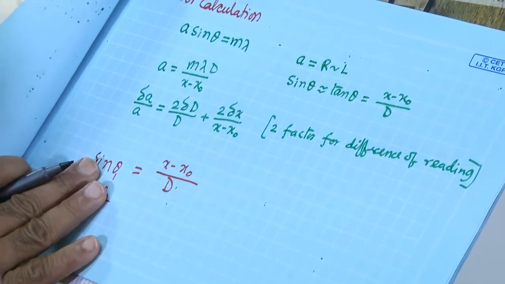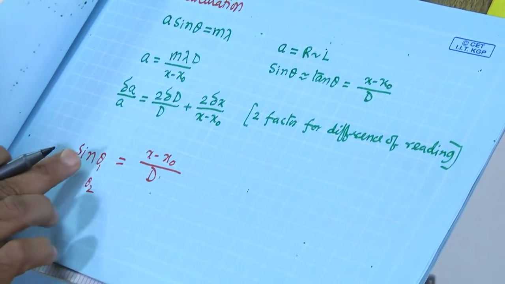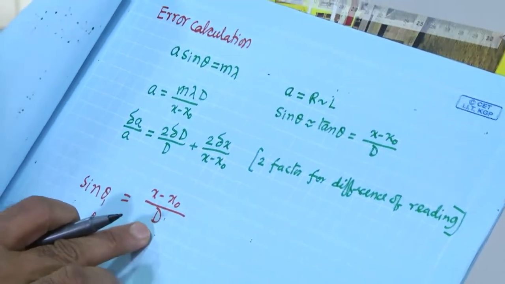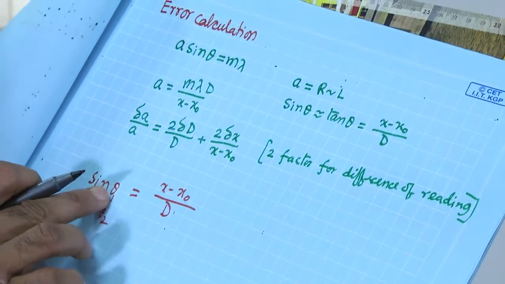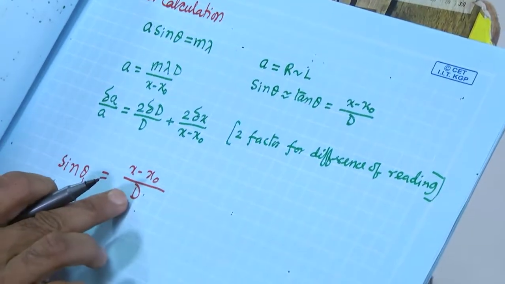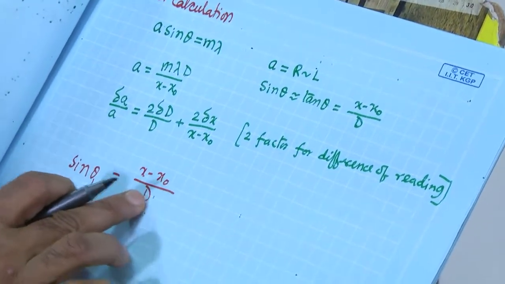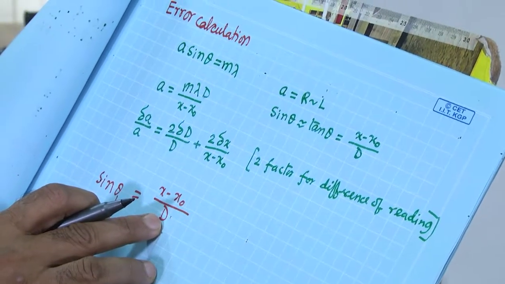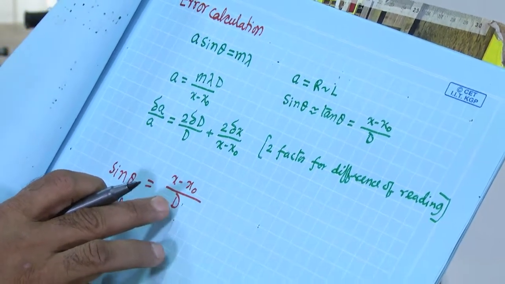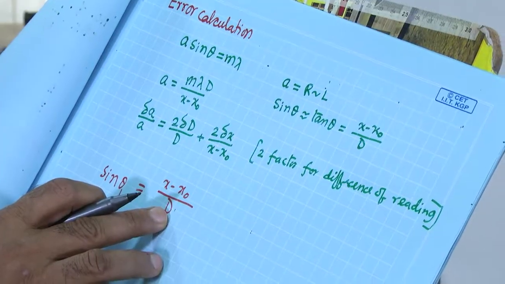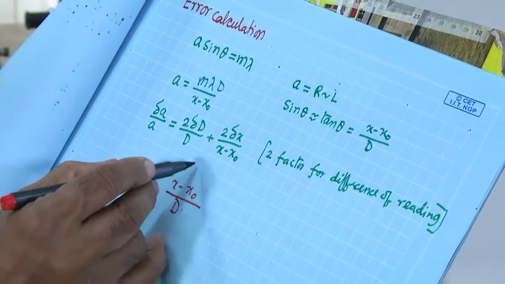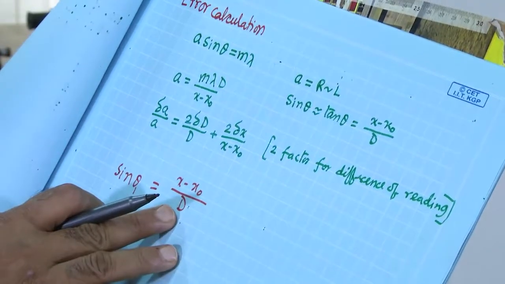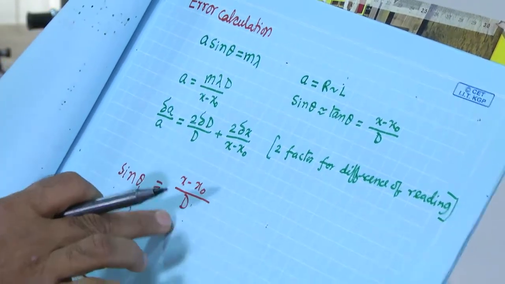So, for a particular distance of the screen, whatever theta 1 you will get, if you increase d, what will happen? If you increase d, this value will decrease.